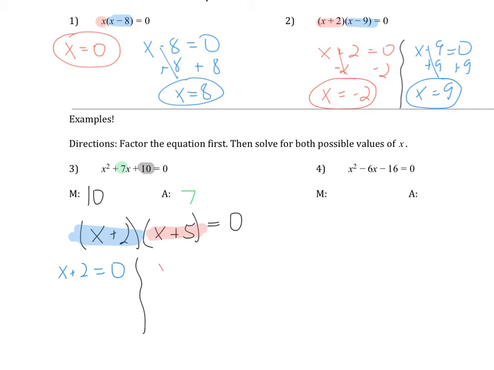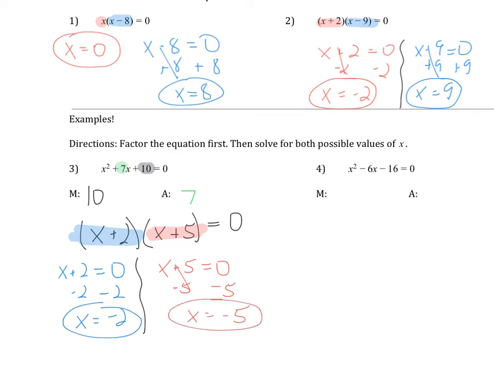And I want to solve them each separately. So once I factor it, I set them each equal to 0 and solve. So my two answers would be x is equal to negative 2, and my other answer would be x is equal to negative 5. And then I would be done. So for these types of problems, when they're not factored yet, your first step is to factor, and then you set them each equal to 0 and solve them out, right?